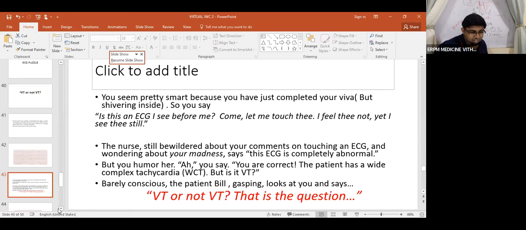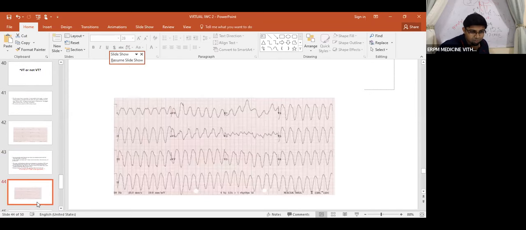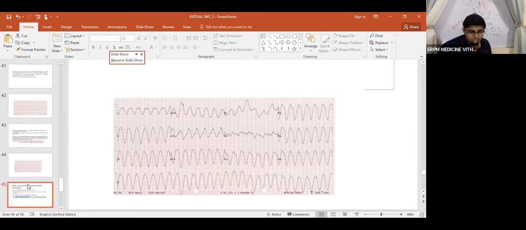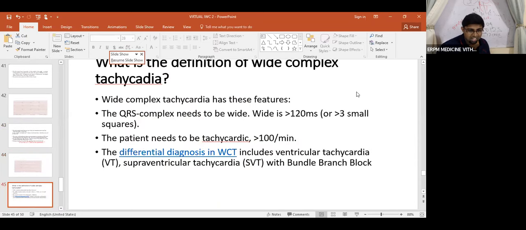Now coming to that point. This is the ECG, and this will make more sense after the ECG class. So what is the definition of wide complex tachycardia? As the name says, the QRS complex needs to be wide.